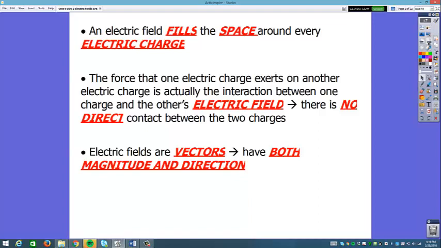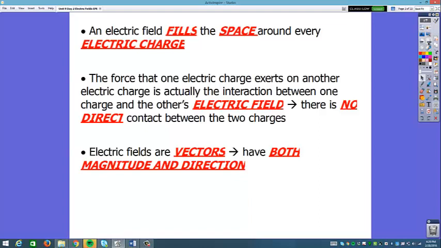When you bring one charge near another charge, each charge has its own electric field, and so what we're looking at is how those two electric fields are going to interact with one another, okay? With all of these, we're never talking about the two objects coming into contact. Just like we did with the tape, you didn't actually ever touch the two pieces of tape. You just brought them close together, and then you saw either that repelling or that attracting force from there.